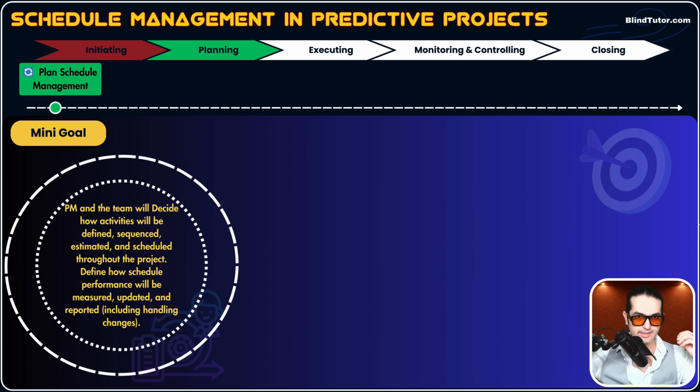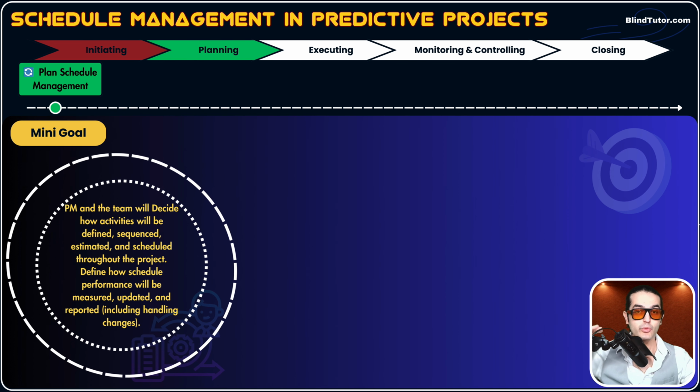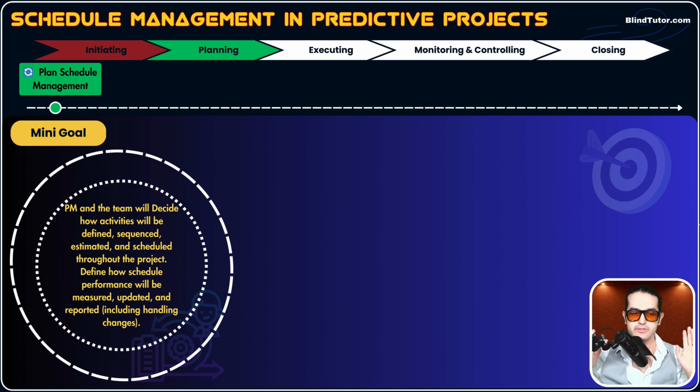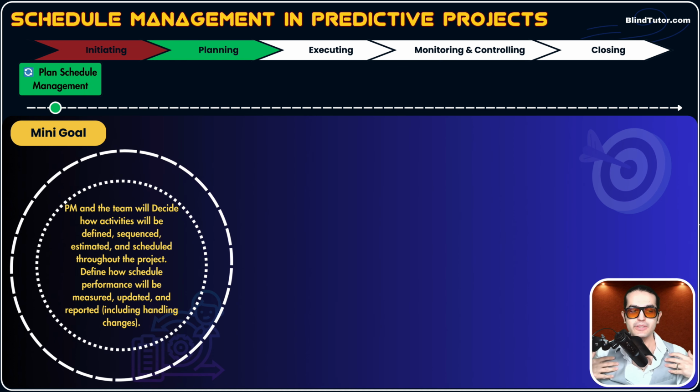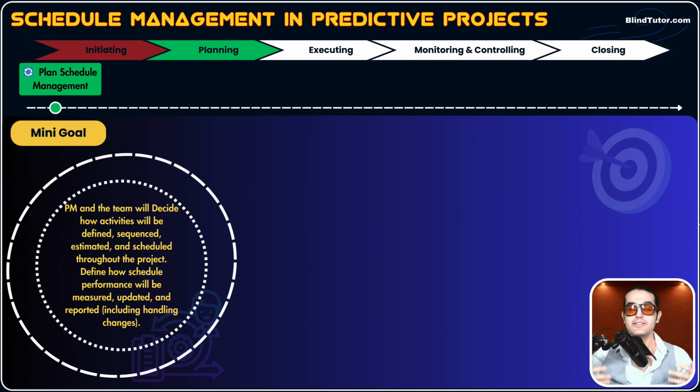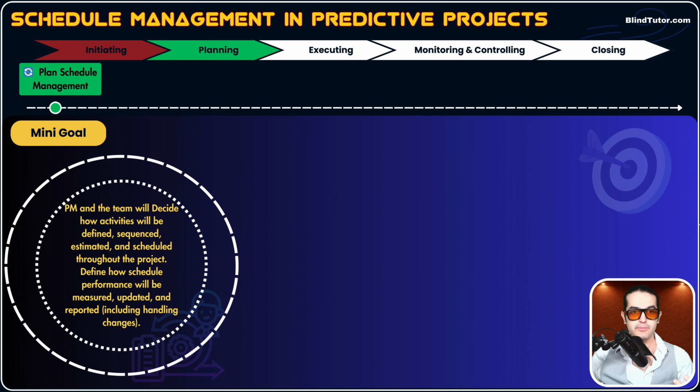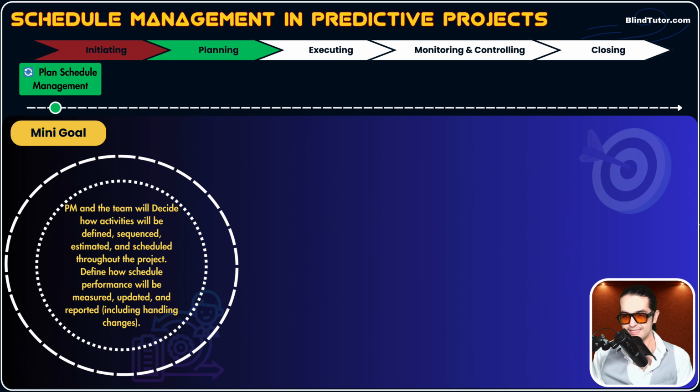Everything on the schedule part of the project will be decided now. And remember, guys, when we say we will decide on how to, it doesn't mean that we will go and, for example, sequence activities right now or estimate activities right now. No, we decide what approaches, what methodologies or tools and techniques we need to use to, for example, sequence or estimate activities. So it's a how-to thing.